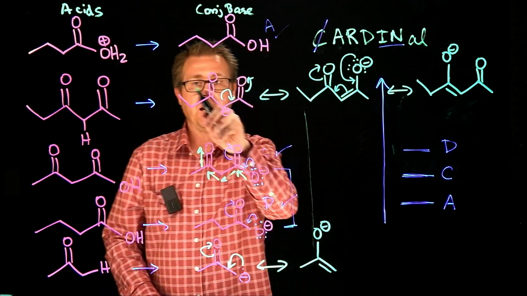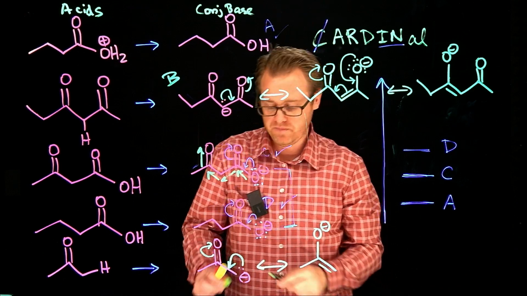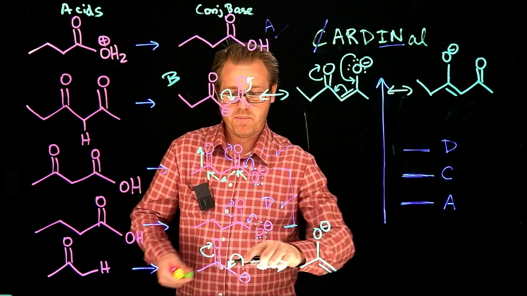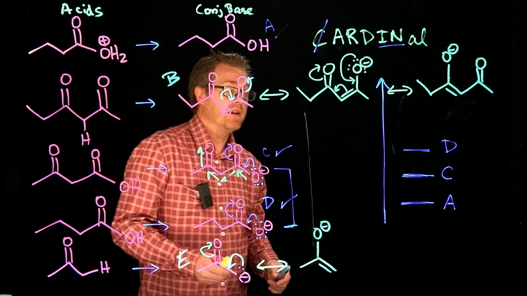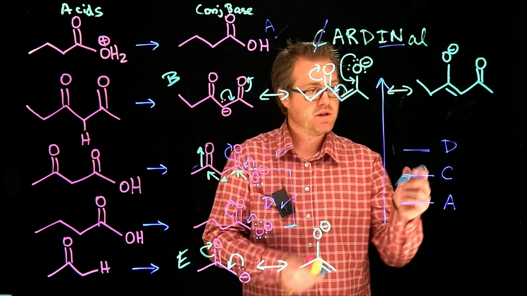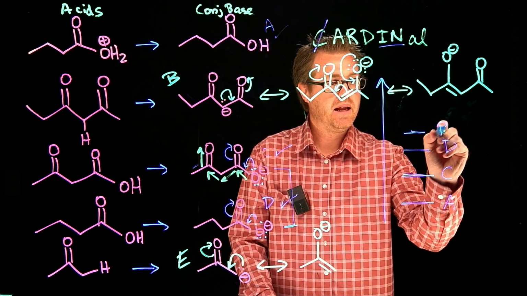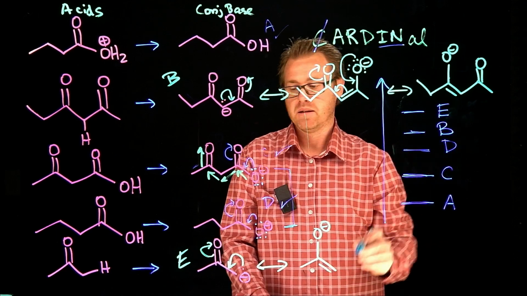You see how B has 1, 2, 3 resonance structures? So when you compare B and E, you see that B has more resonance structures, and more resonance structures stabilizes that negative charge. So you're going to expect B to be lower in energy than E, like that.